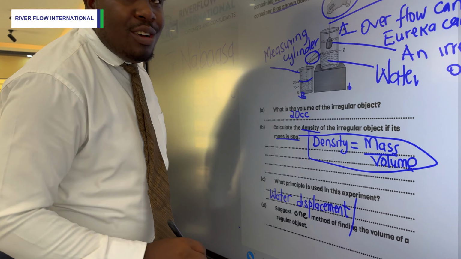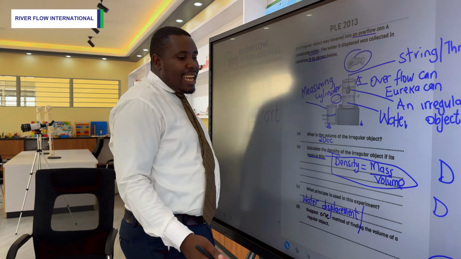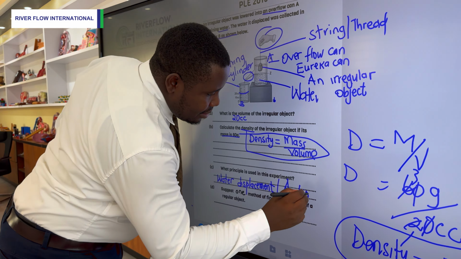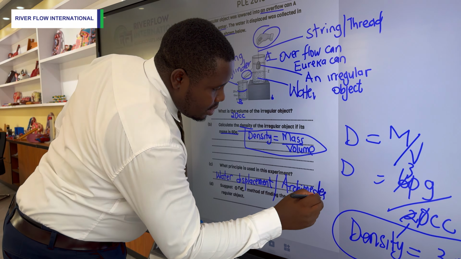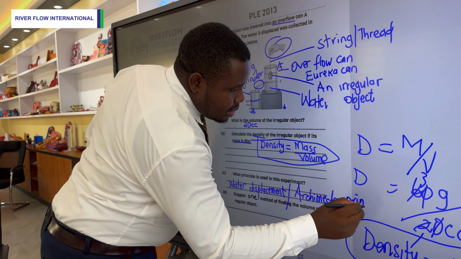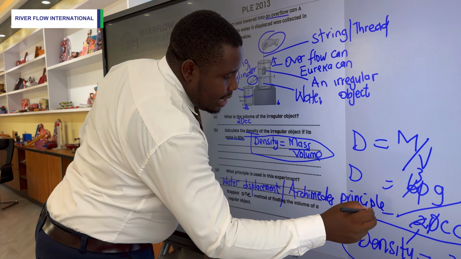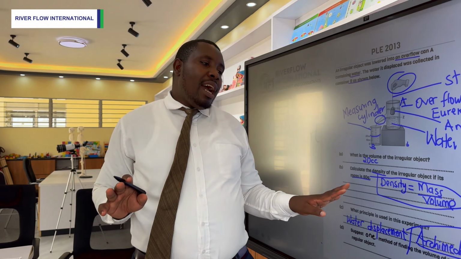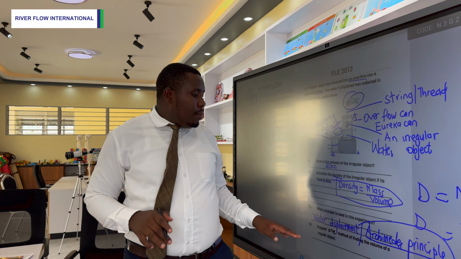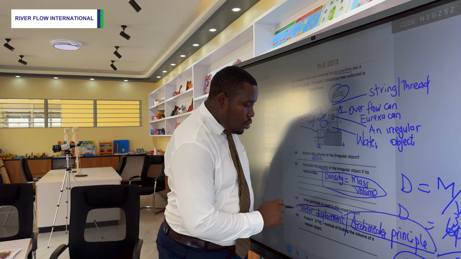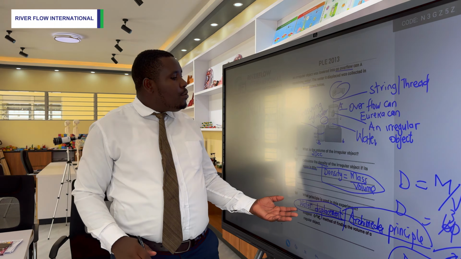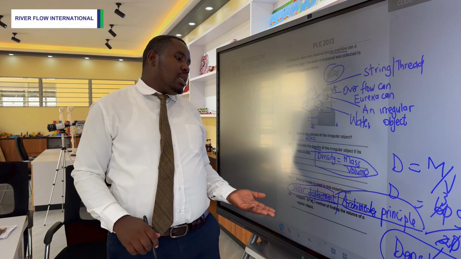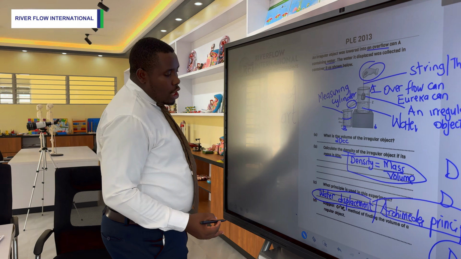I know physics learners are saying, I can call it Archimedes principle. I believe the learners who are already studying physics will have used this. Me as a teacher, I think I have no problem with it. But I would prefer you talk more about the principle of water displacement. But as we know very well, this is a principle by Archimedes.